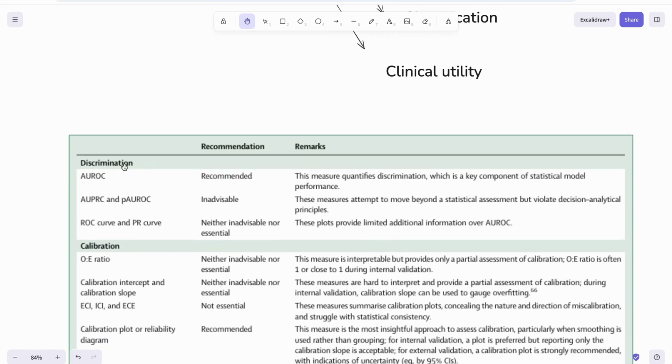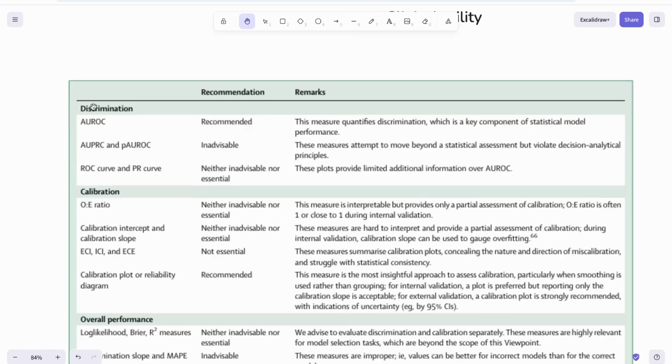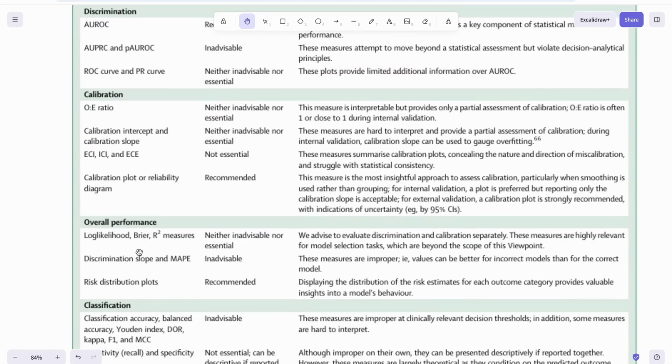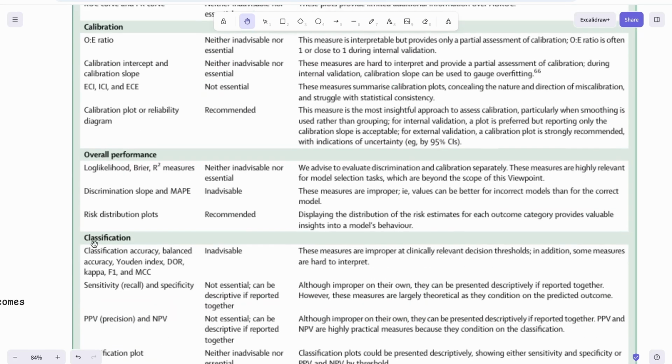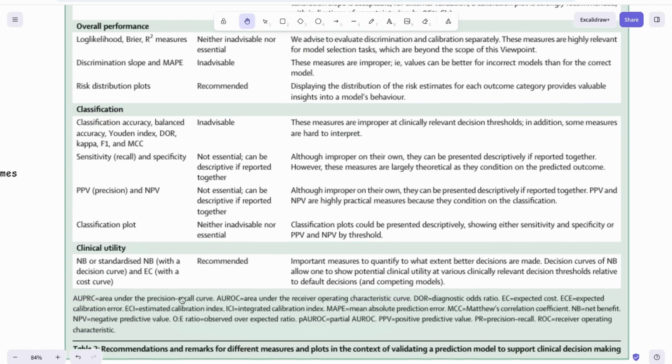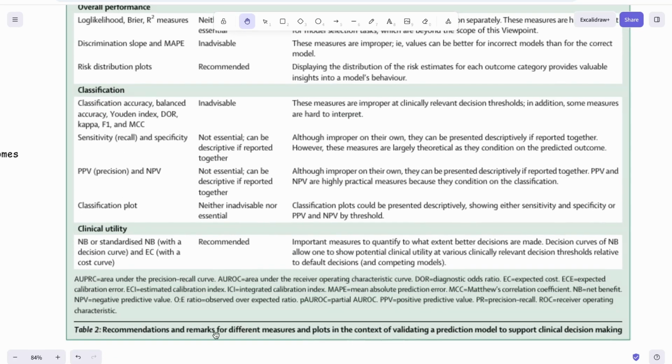And you can see here the performance domains, the recommendation, and the remarks on that. And then each row is the measure. So area under the receiver operator curve in the discrimination, in the calibration, all the measures that they have evaluated, and then overall performance, also the measures that they evaluated, classification, and clinical utility, and the abbreviations of everything that is here. It's in table 2 in the paper, which I will leave the link to in the description.